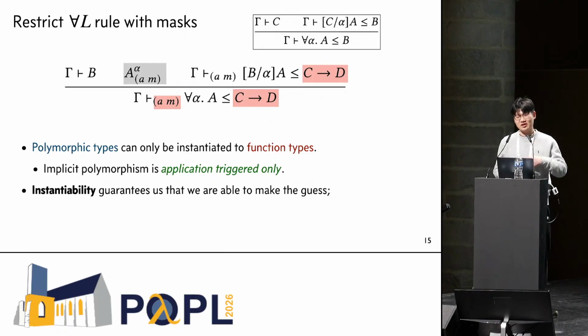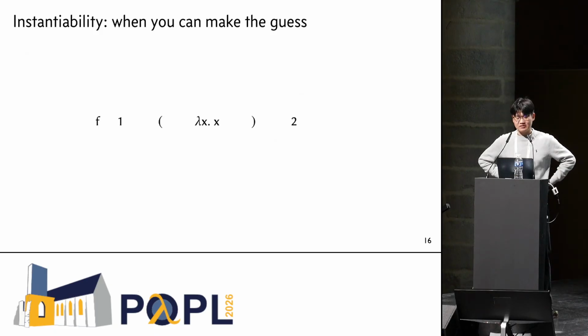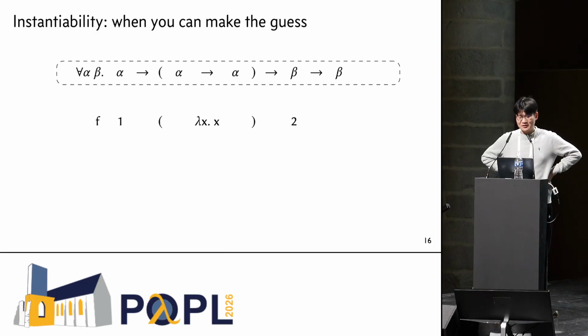What's the secret of this instantiability? I will illustrate with a slightly complicated example. We use the function f to apply it to three arguments: integer, lambda, and integer again. The f is of the following type in the environment: for alpha, beta, alpha to alpha, beta, and beta as the output type.